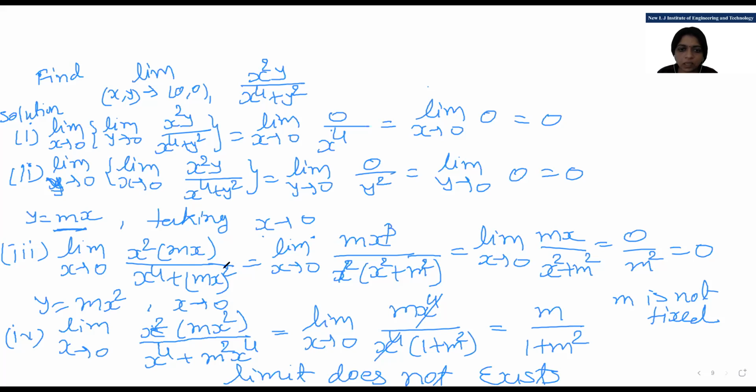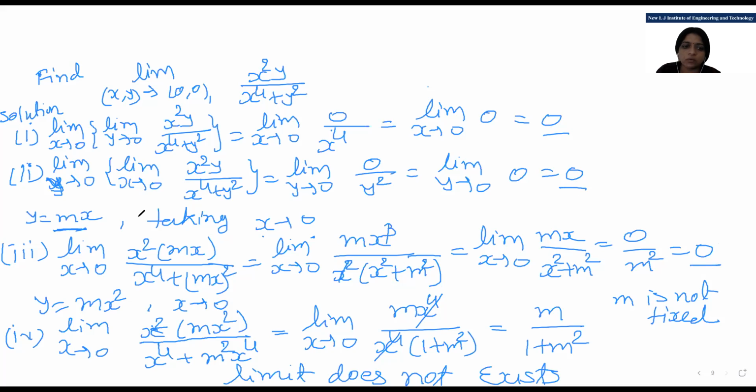In the numerator m into x cube, in the denominator if we keep x square common, the remaining term is x square plus m square. Both x square will be cancelled out, one x remains in the numerator. After applying the limit, our answer is 0. So here three answers are same: this one is 0, this one is also 0, and this one is 0, right?